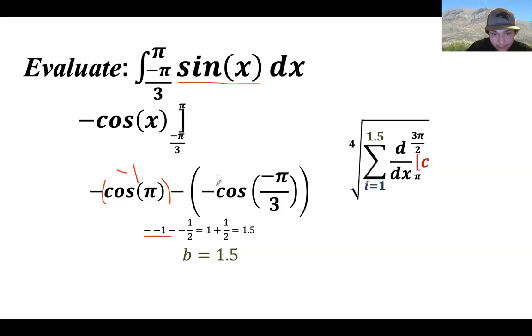And then here, we're going to evaluate this. Cosine of negative pi over 3 is going to be positive 1/2. Now you're going to combine it with this negative, and you're going to combine it with that negative. That should turn into a positive right here, and a positive right there. So now all we need to do is add these. 1 plus 1/2. You can rewrite 1 as 2/2 plus 1/2.